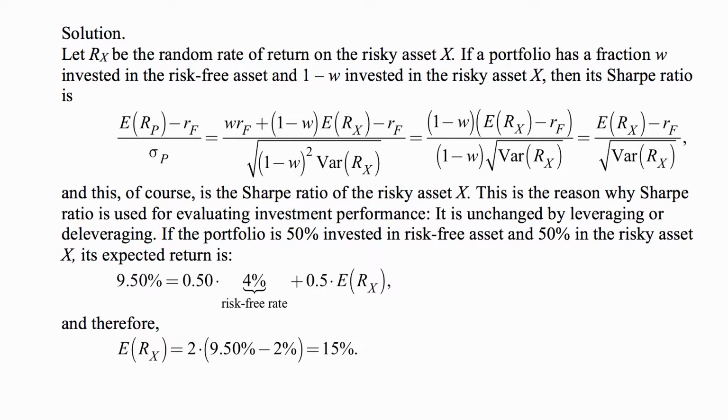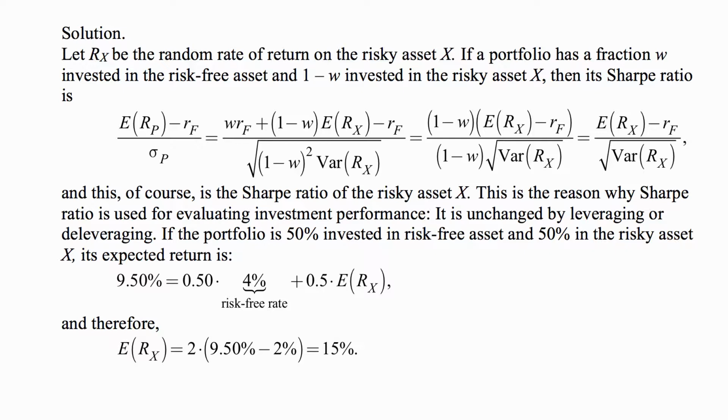So let's write R sub x for the random rate of return of the risky asset X. If a portfolio has a fraction W invested in the risk-free asset and 1 minus W invested in risky asset X, then its Sharpe ratio, well, the Sharpe ratio is always the risk premium divided by standard deviation. So in this case, it would be the rate of return of the portfolio, which would be W times Rf, W times the risk-free rate of return, because that's the portion invested in the risk-free asset, plus 1 minus W times the expected return of asset X, minus Rf, because that's how we get the risk premium, divided by the standard deviation.